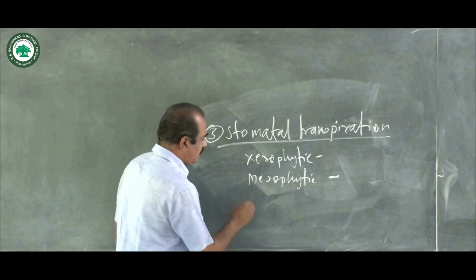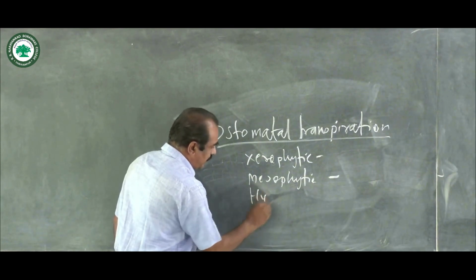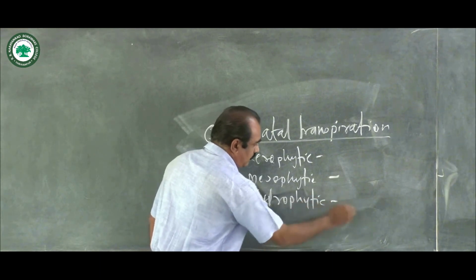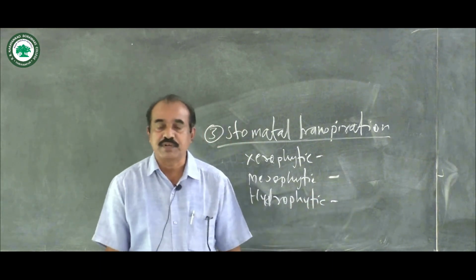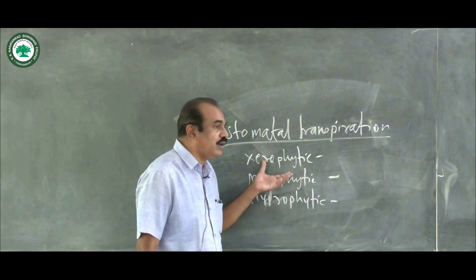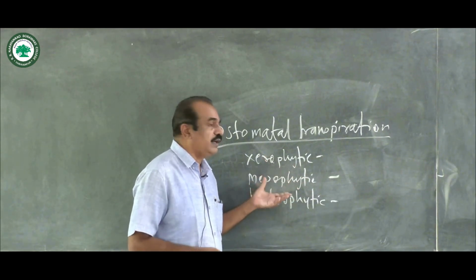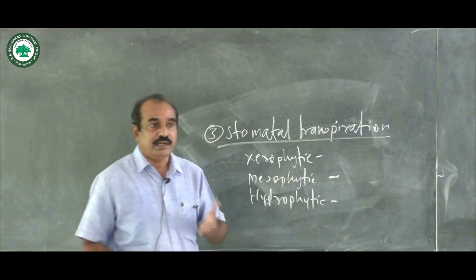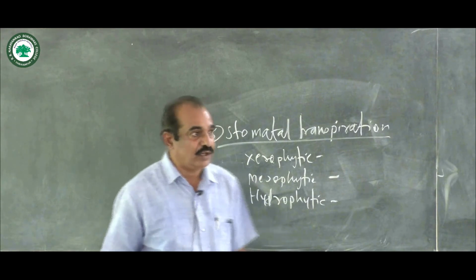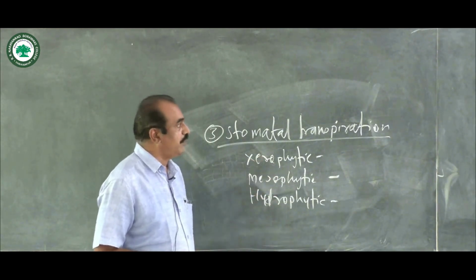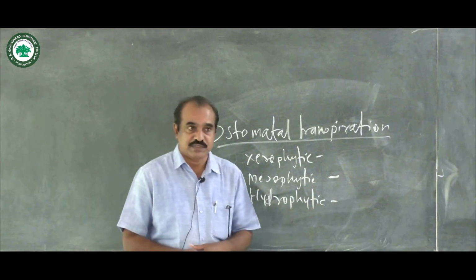And when the plants are hydrophytic, the stomata are developed on the upper surface only. So the distribution of the stomata is according to the climatic condition, or according to the type of plant. That means it completely depends on the type of plant, hydrophytic, xerophytic or mesophytic, and stomata are developed in the epidermis.